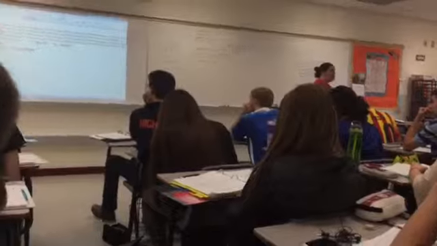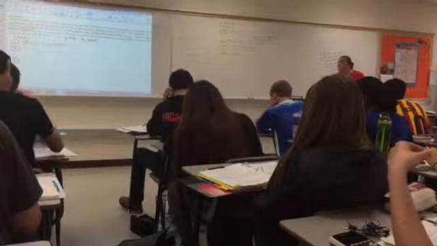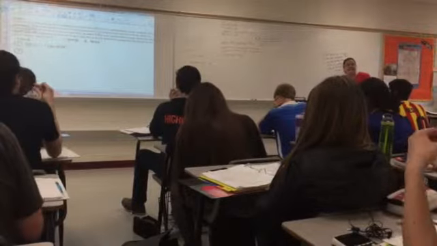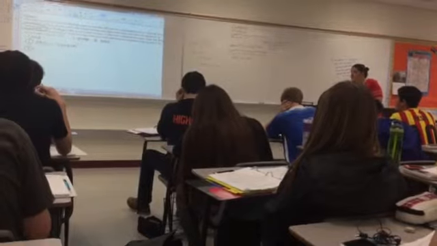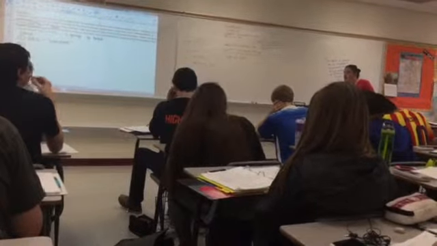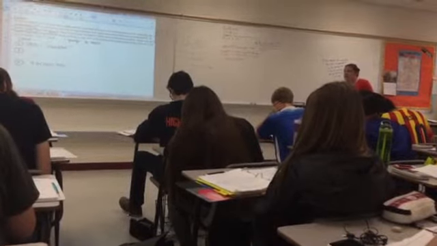Third condition is what? 10 times n. So what's my n? 50 ships. 50 times 10 is 500. That has to be less than what?